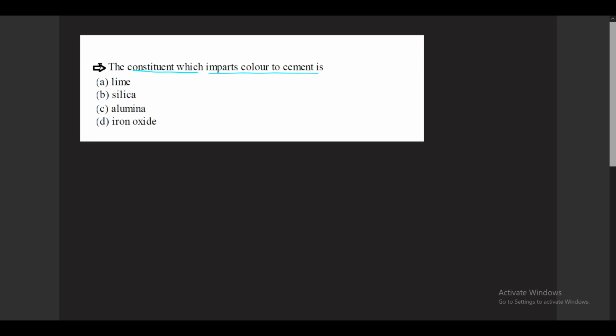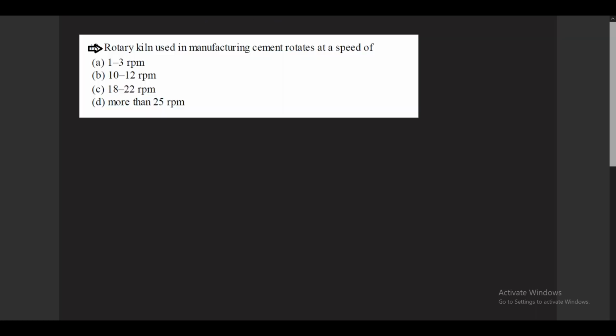Iron oxide is the color imparting constituent in the case of cement, and it gives a reddish brown color to the cement. Now next see another question.